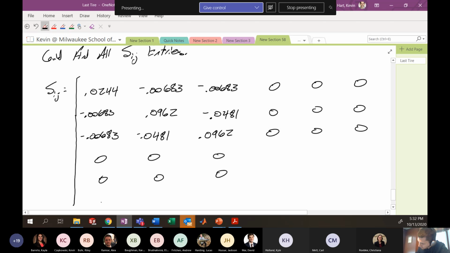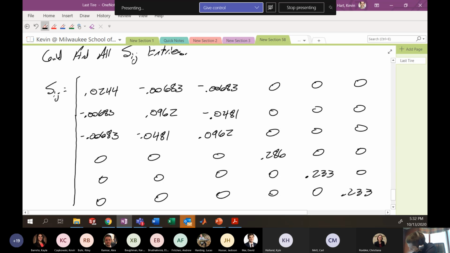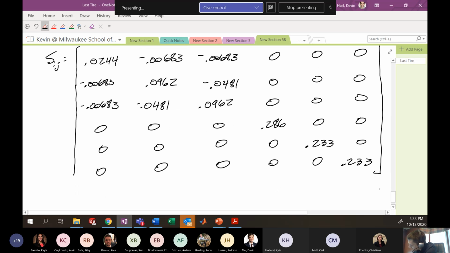Okay. Now my shear components, which are in the lower right-hand side. 0.286. This is one on G23. Here, this is one on G12, which is 0.233000233. Units here are all one on GPa.